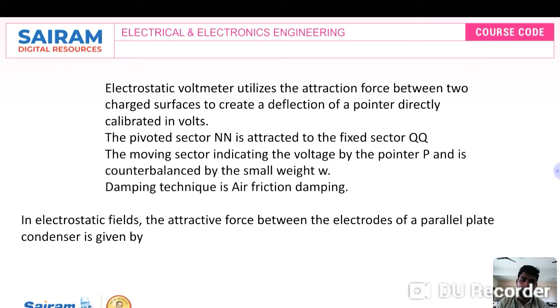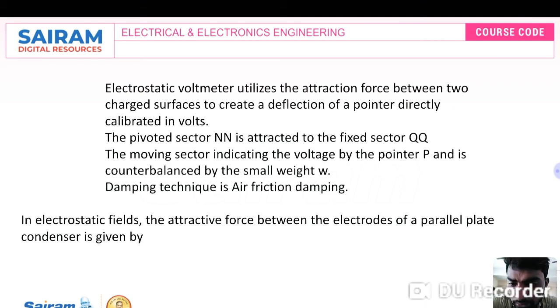If the fixed part is connected to a load and it consumes more load, the current also increases, so the pointer will deflect. The moving sector indicates voltage by pointing at P and is counterbalanced by the small weight W. Damping technique is air friction damping, not normal friction.